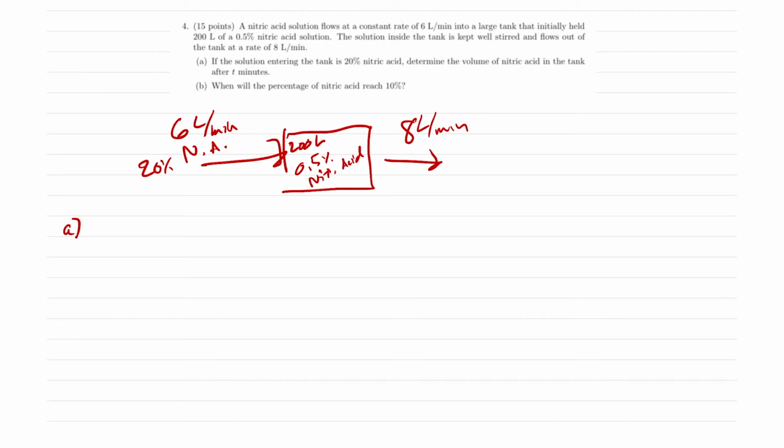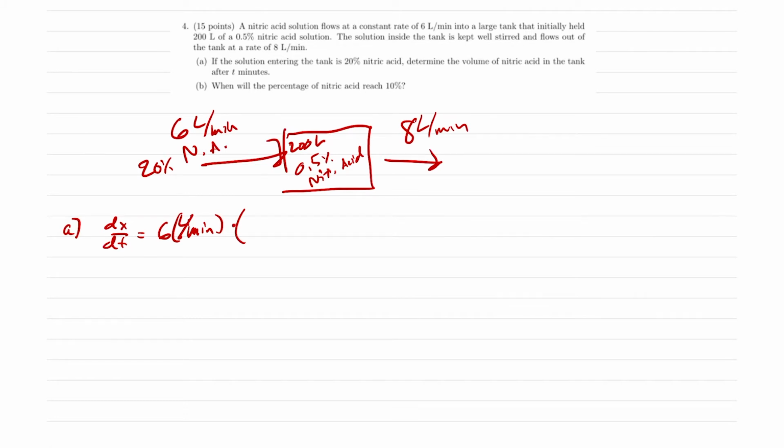All right, so for part A, we have dx dt is equal to our in rate, so it's 6 liters per minute times 20% nitric acid.